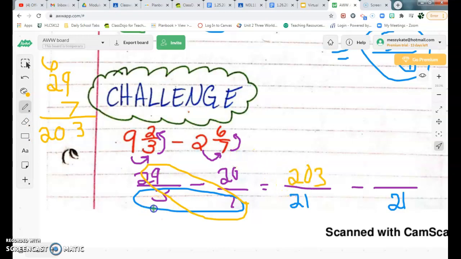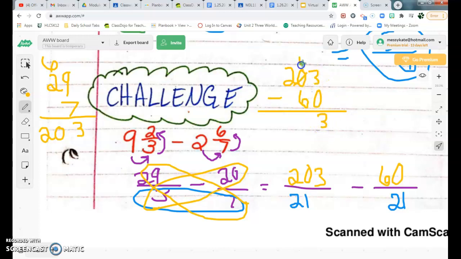And I know that 3 times 20 is going to get me 60. Minus 60. I don't know what 203 minus 60 is off the top of my head, so I'm going to come up here and do that. 203 minus 60. Well, 3 minus 0 is 3. This can become a 10.